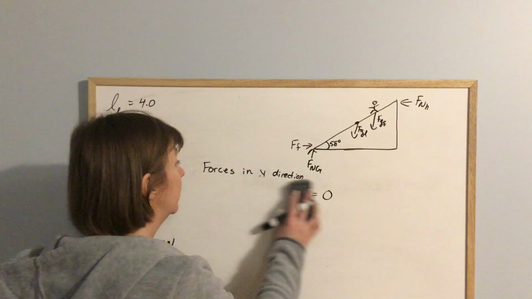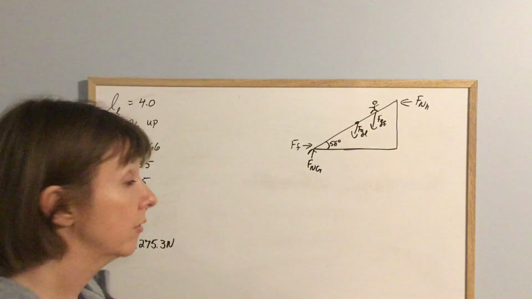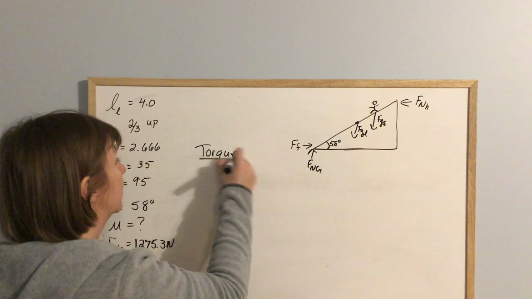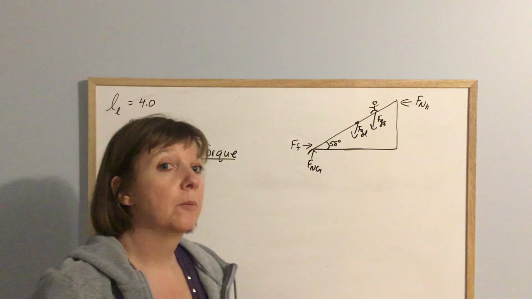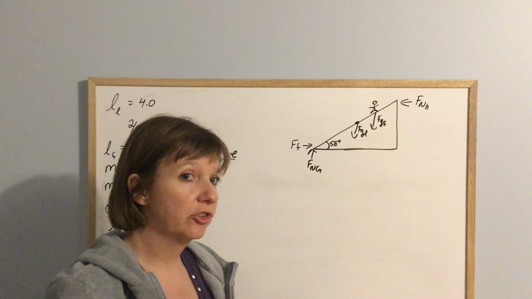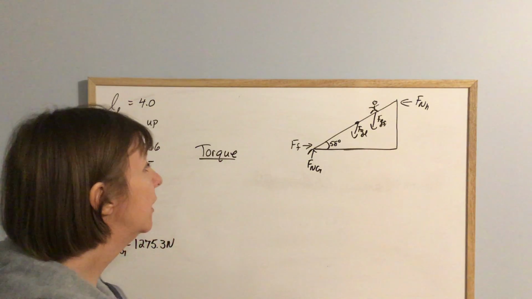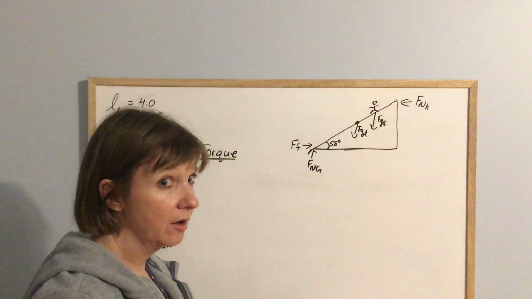Now I'm going to switch gears a little bit, and I am going to look at all the different types of torque that are going on. Again, if this is in static equilibrium, all the torques added together should give me 0. So everywhere where there's a force, there's a torque.